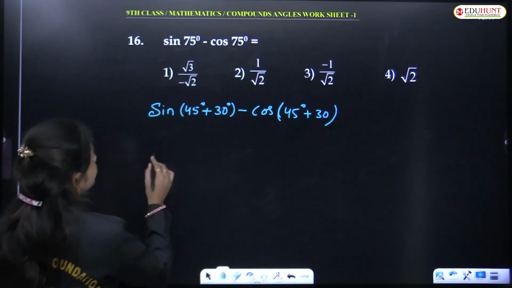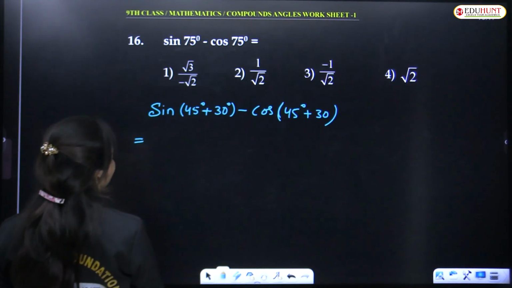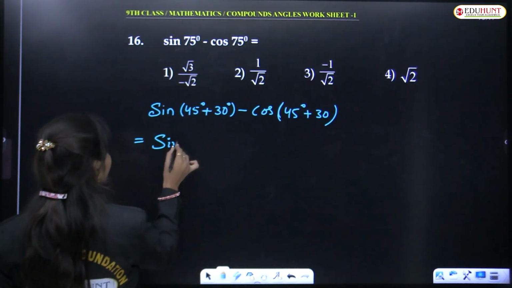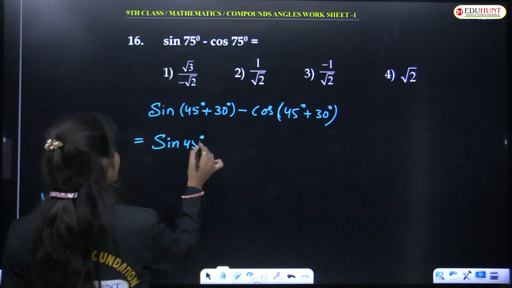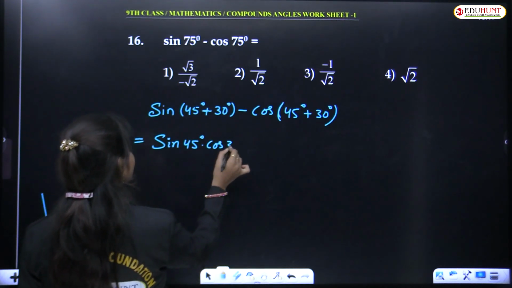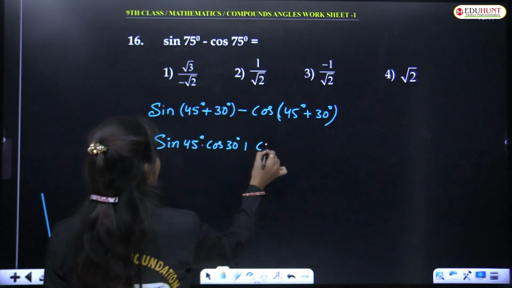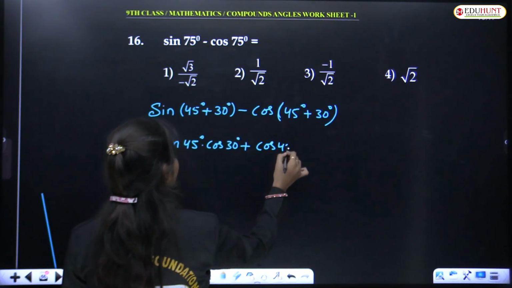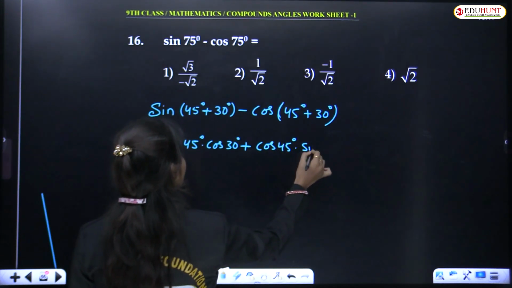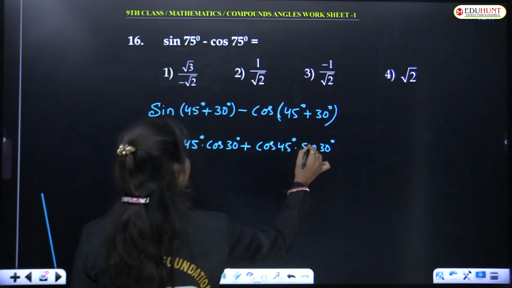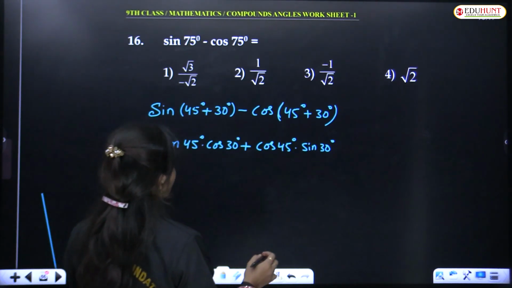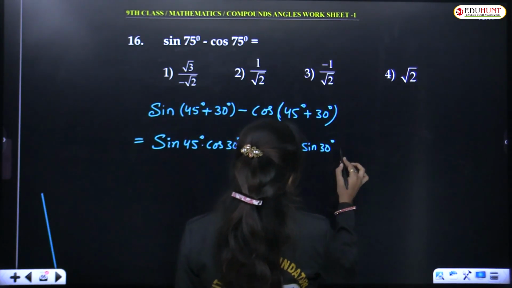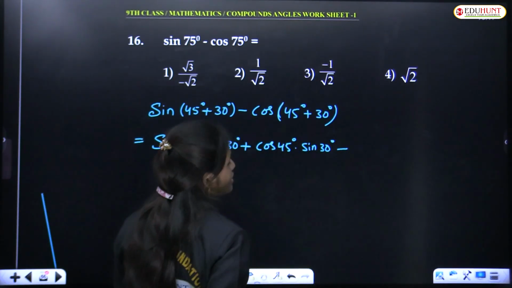So by using that condition, sin of A plus B is sin A cos B plus cos A sin B, minus cos of A plus B.